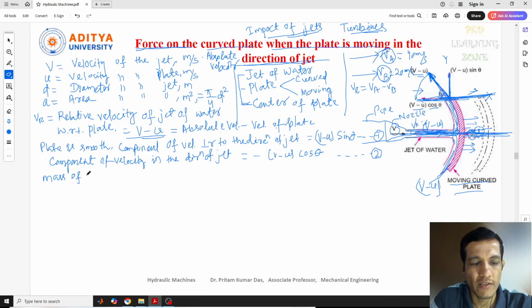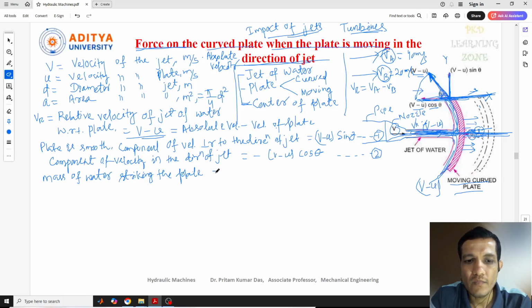So let's write the mass of water which is striking the plate, this is m. The mass of water striking the plate per second is what we need to consider, so this is mass per second.